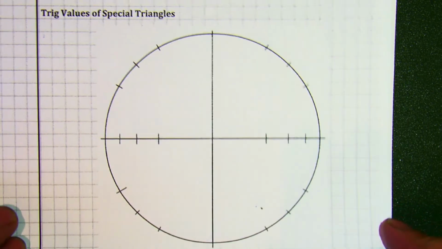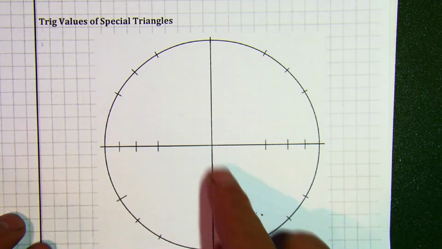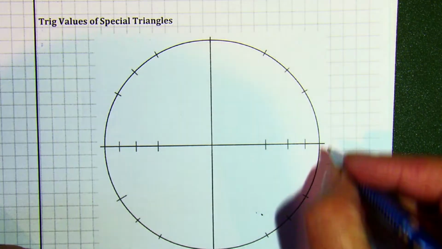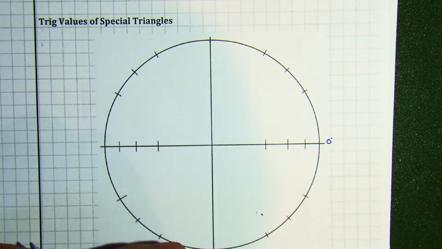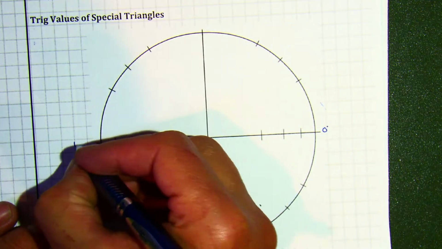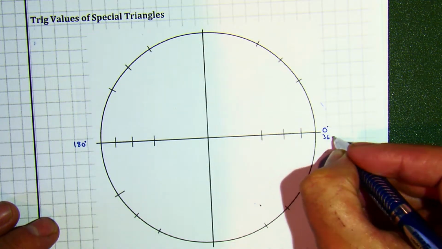Go ahead and paste your next circle, and we are now using the arrow this time around. And we're going to label it. So we have 0 degrees, and we're going to use degrees, and we know the equivalency for radians. 0 degrees, we know the halfway mark is 180 degrees, all the way around is 360 degrees.